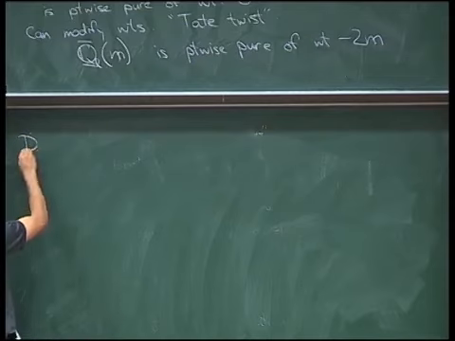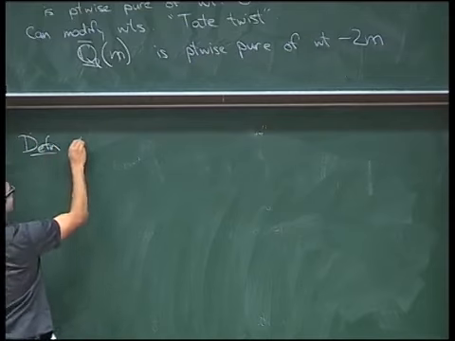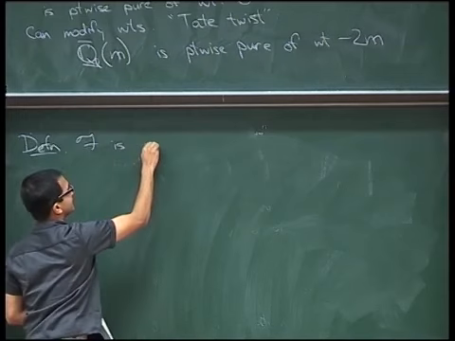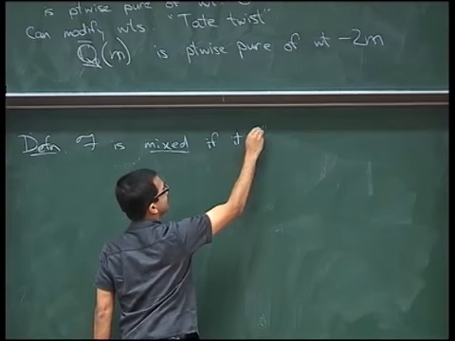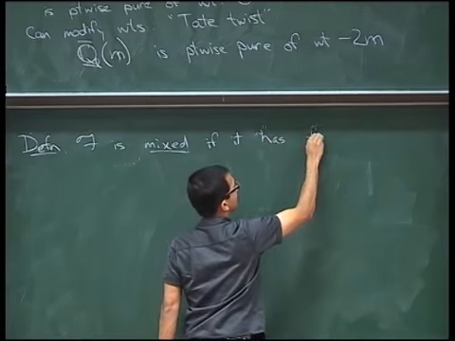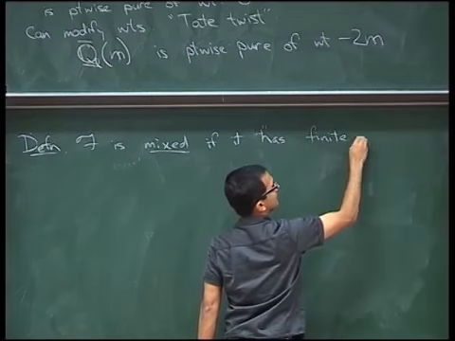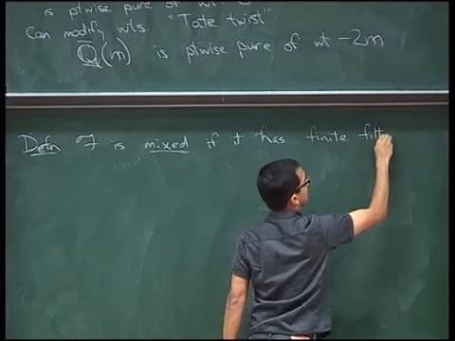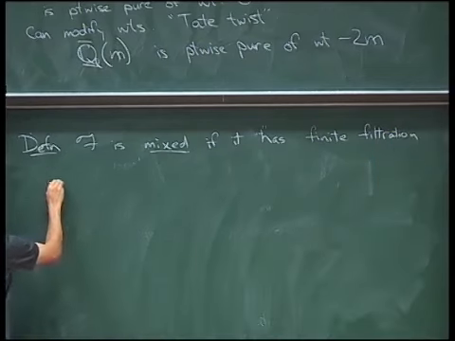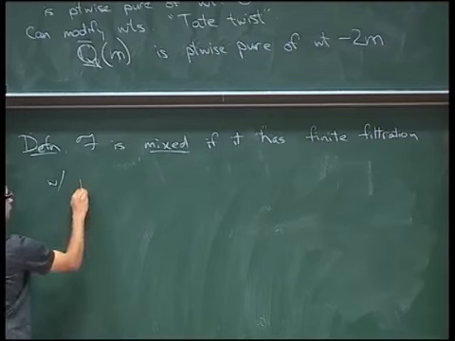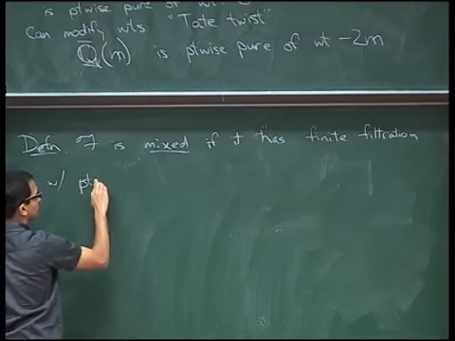Okay, so then the next definition is that F is mixed if it has a finite filtration with pointwise pure subquotients.